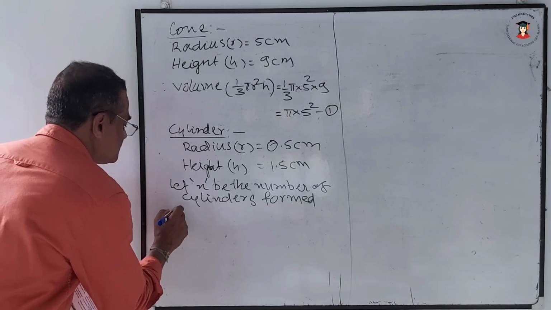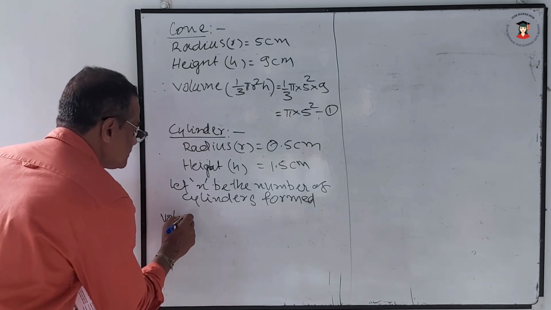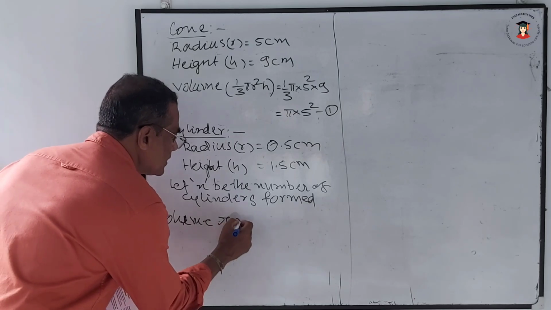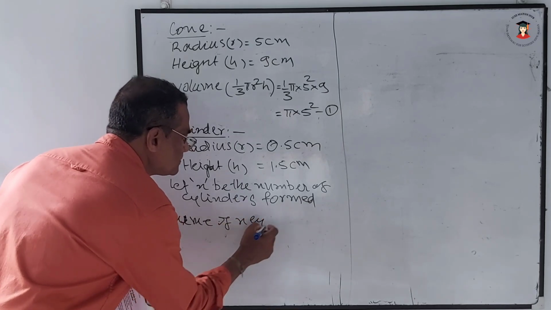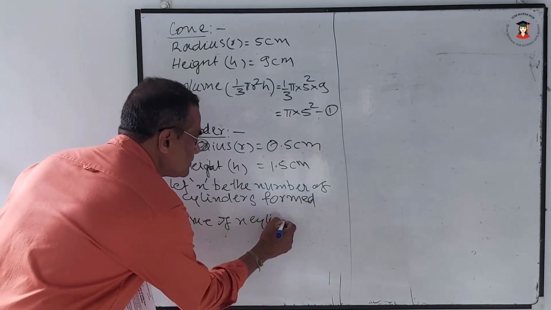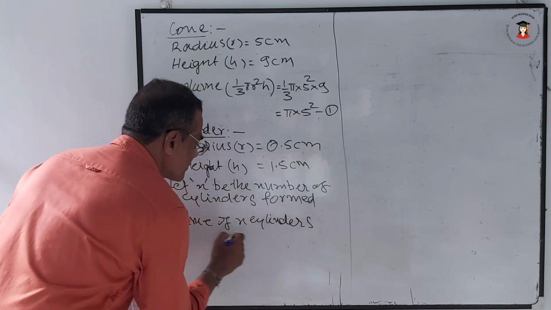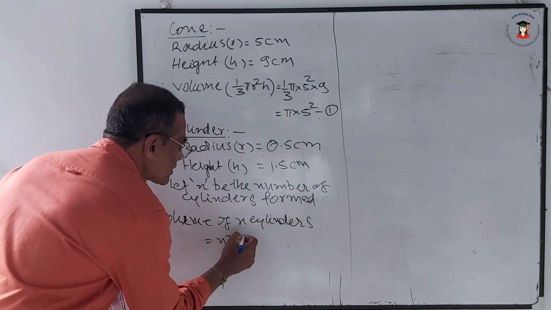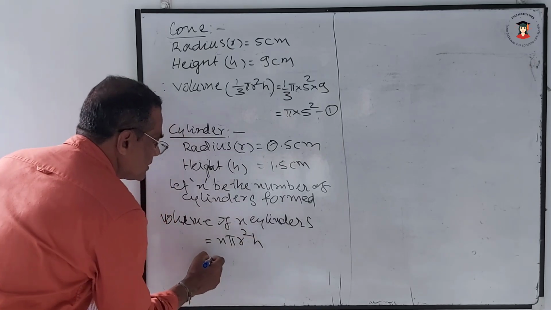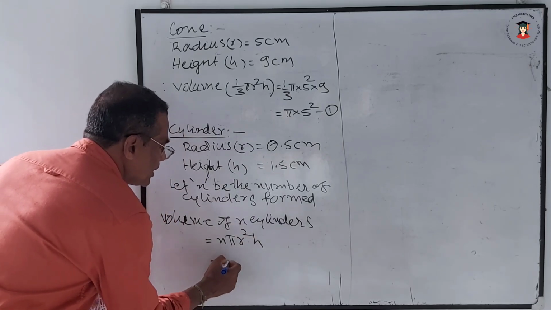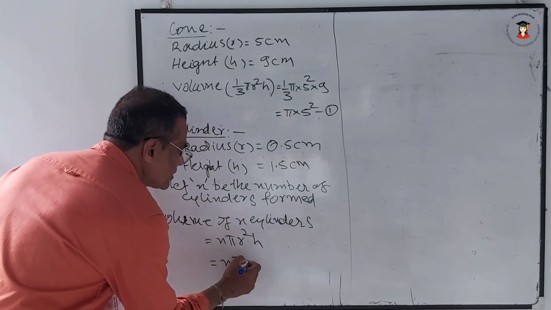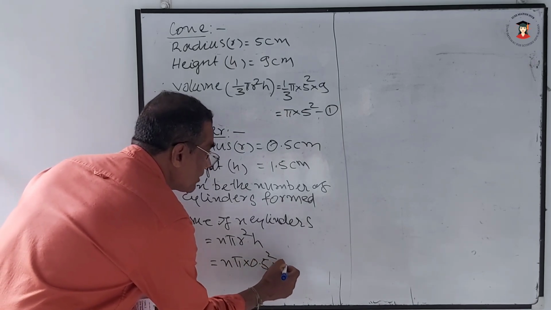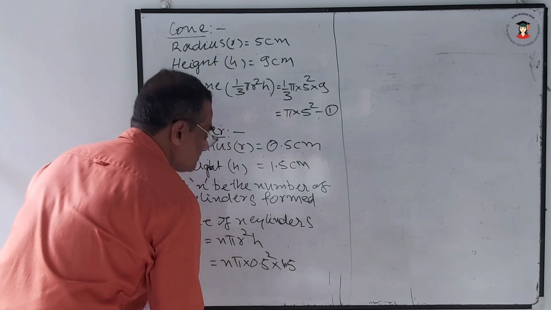Volume of n cylinders equal to n into pi r square h, that is equal to n into pi into 0.5 square into 1.5 cm.